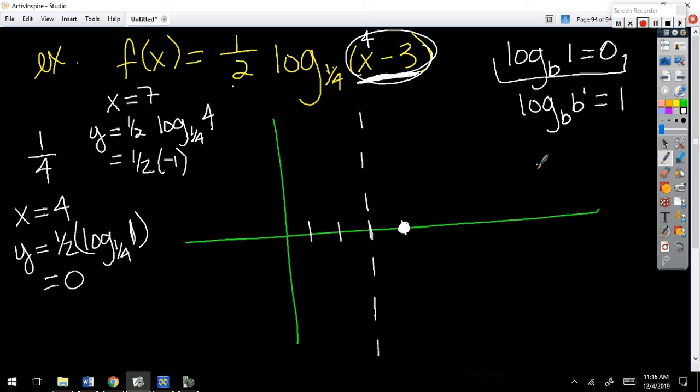All right. 1/4 to the what power gives you 4? -1. Right? So this gives me -1/2. 4, 5, 6, 7, -1/2.